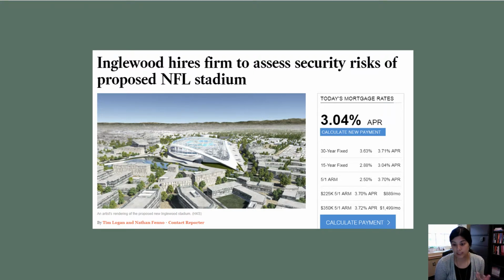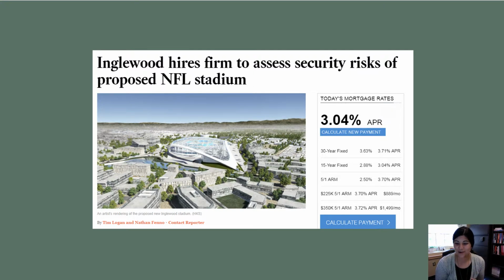So there were concerns that this could be a potential security risk for the facility and for the patrons of that facility. So rather than just saying, hey, we'll conduct our own risk management assessment, the team and the city hired a security firm to come in and assess that risk.